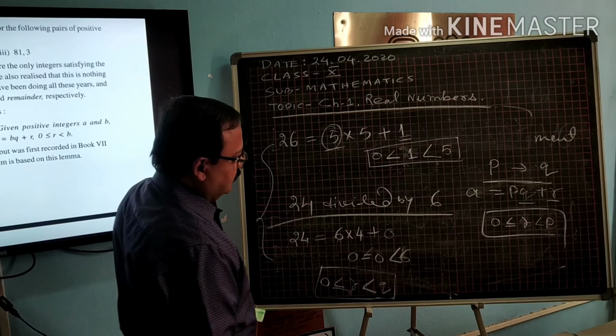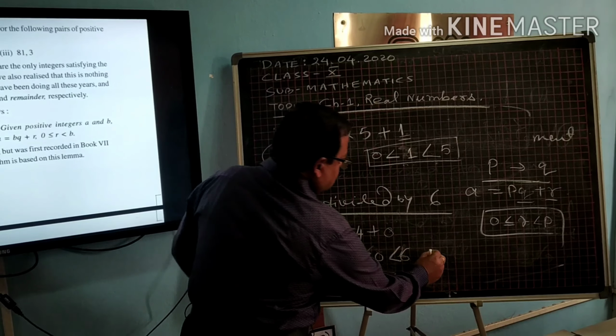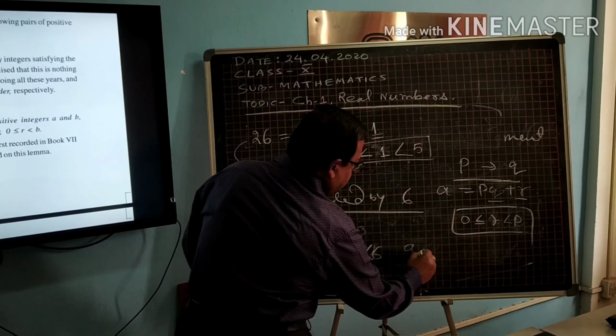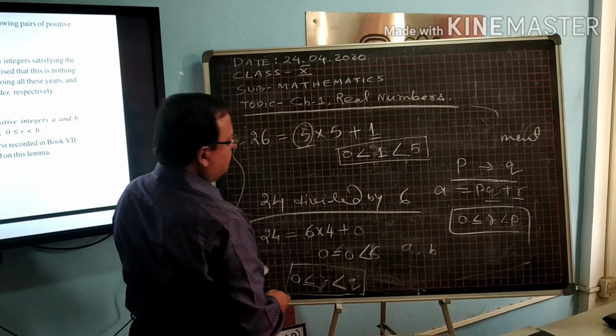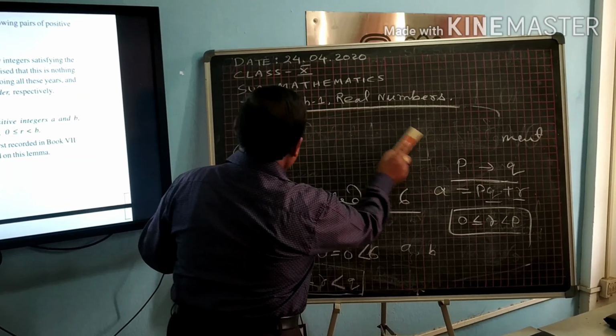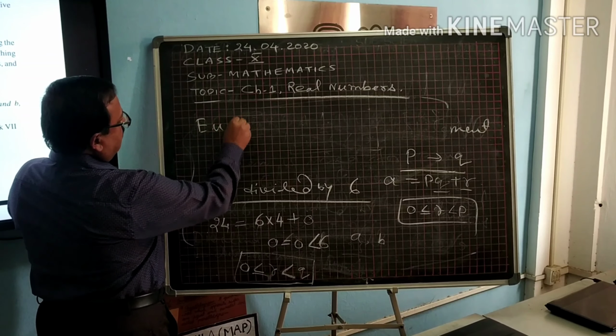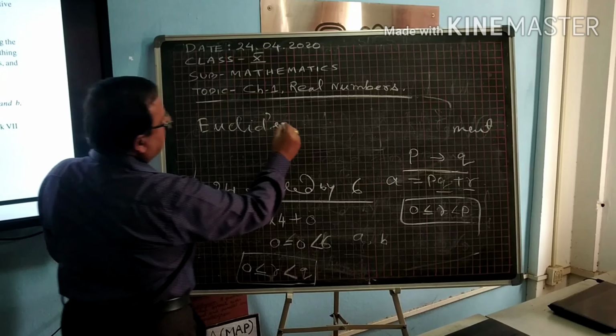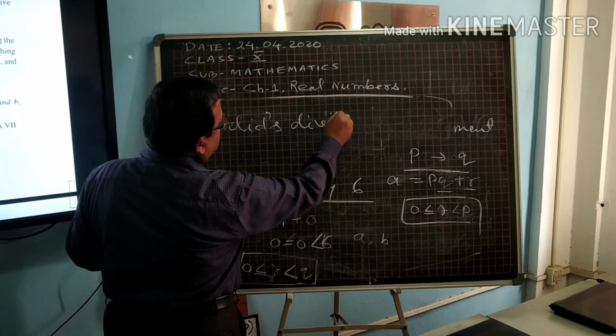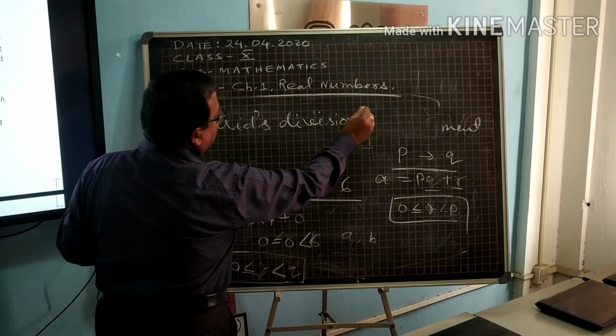Otherwise, if you say two integers a and b, that is Euclid division lemma. Clearly we are telling Euclid division lemma.